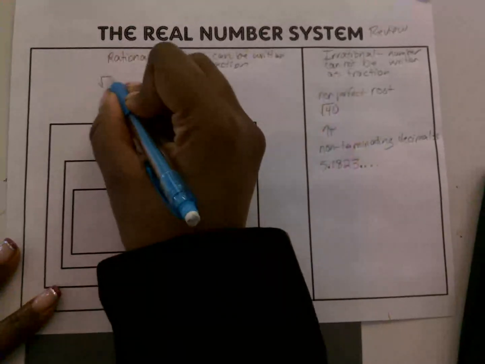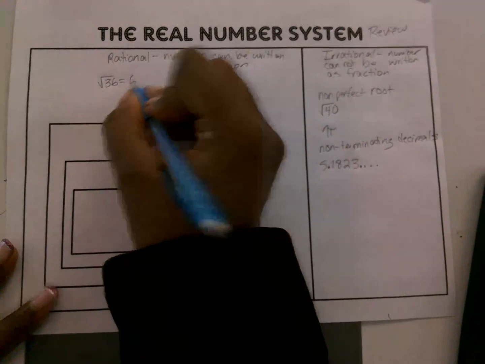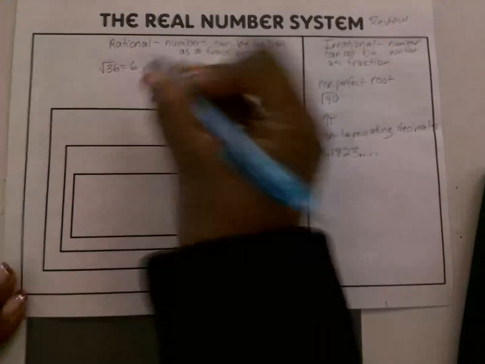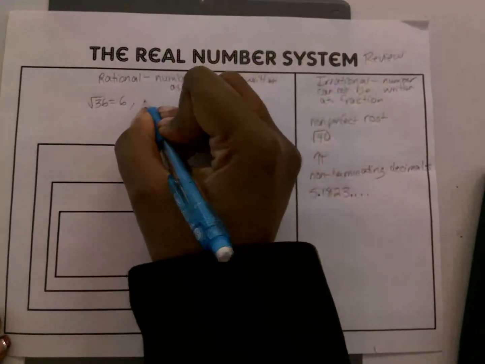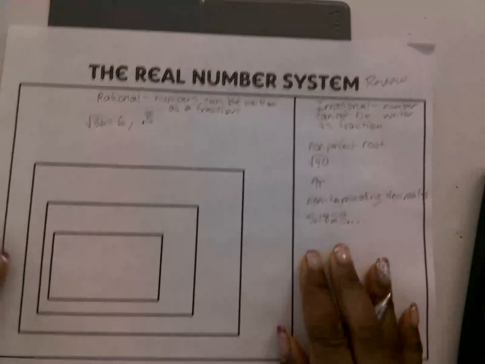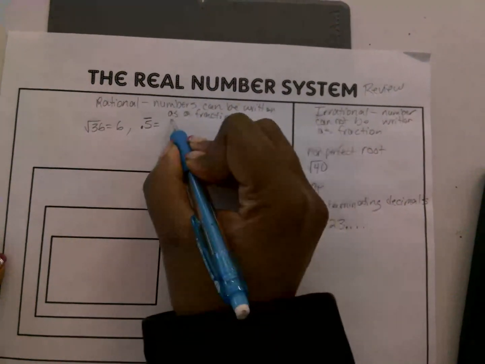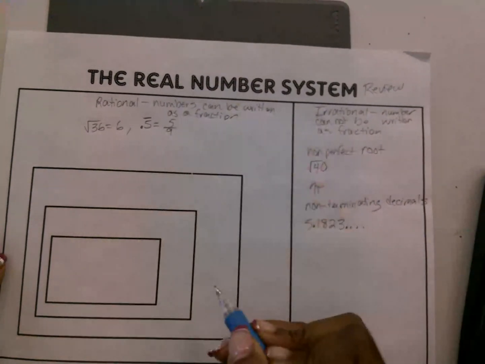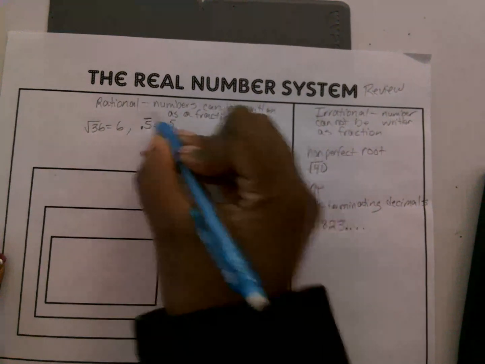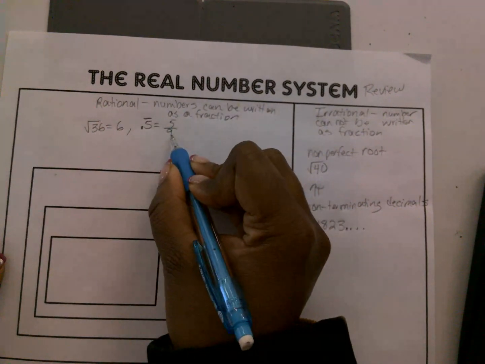So perfect square roots, the square root of 36 is 6. That's rational. Even repeated decimals are rational because you can write this decimal as 5/9. If you have one number repeating, the denominator is 9.